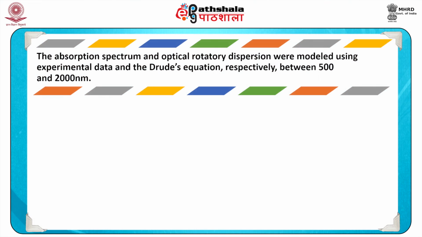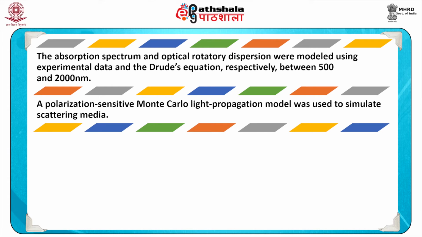The absorption spectrum and optical rotatory dispersion were modeled using experimental data and the Drude's equation respectively between 500 and 2000 nanometers. A polarization sensitive Monte Carlo light propagation model was used to simulate scattering media.